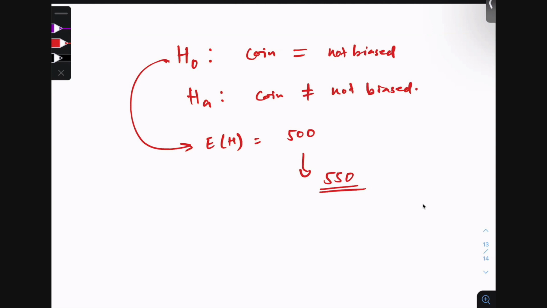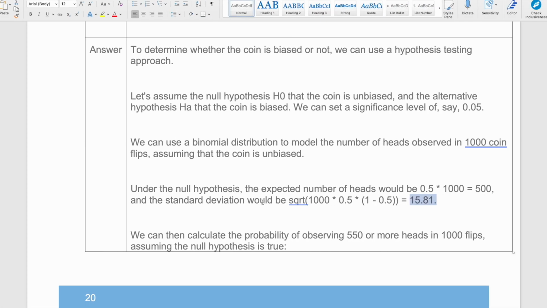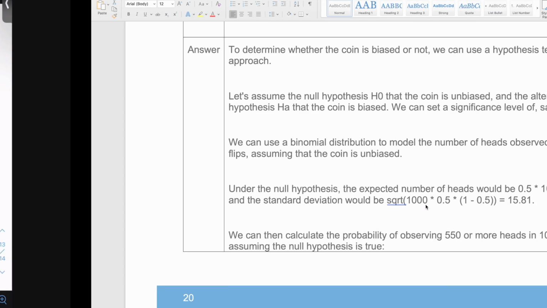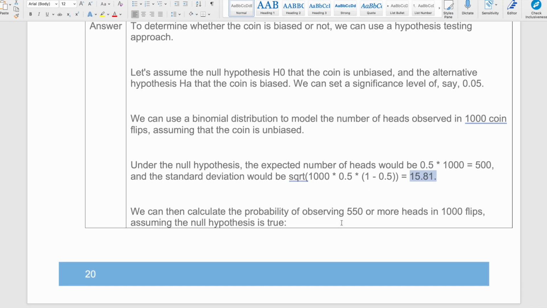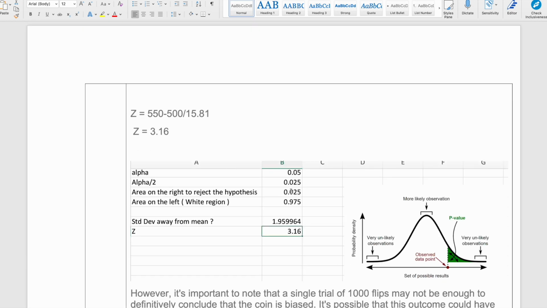Okay, now how much was your standard deviation? It was 15.81, right? My standard deviation was 15.81. Now how will I calculate my test? We can calculate the probability of observing 550 or more heads in 1000 flips, assuming the null hypothesis is true.